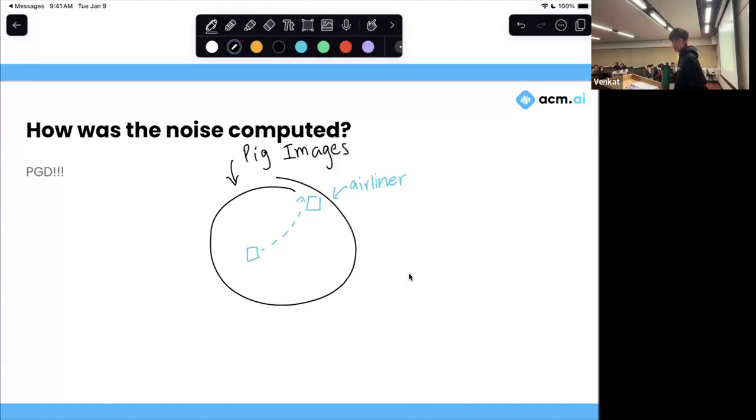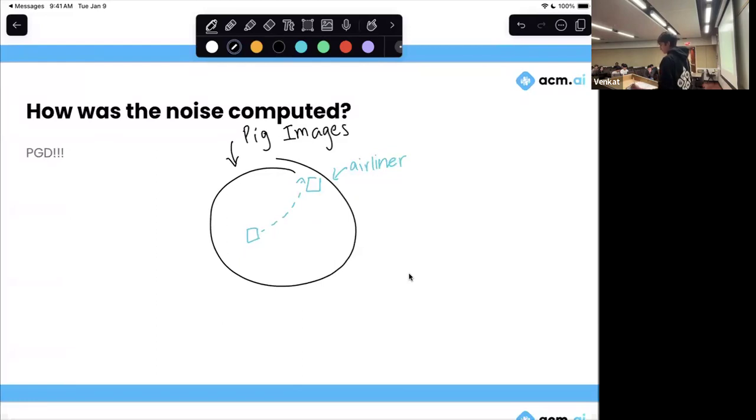We say all values in the gradient have to be smaller than, say, 1/25th of the total brightness of the image or something like that. We can make constraints like that depending on what we consider to still be a pig image. And by doing so, we can keep doing gradient descent to try to make the model really confused while still staying within the constraint of this looking like a normal pig image, if that makes any sense. Does that make sense?